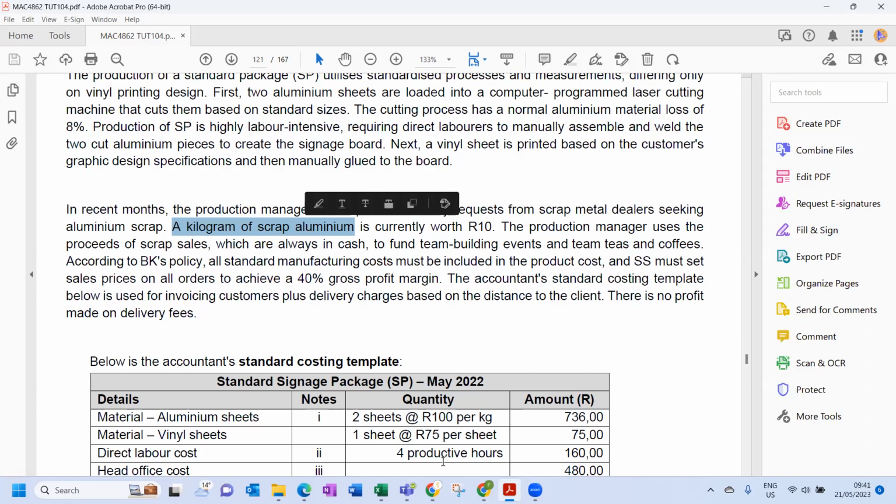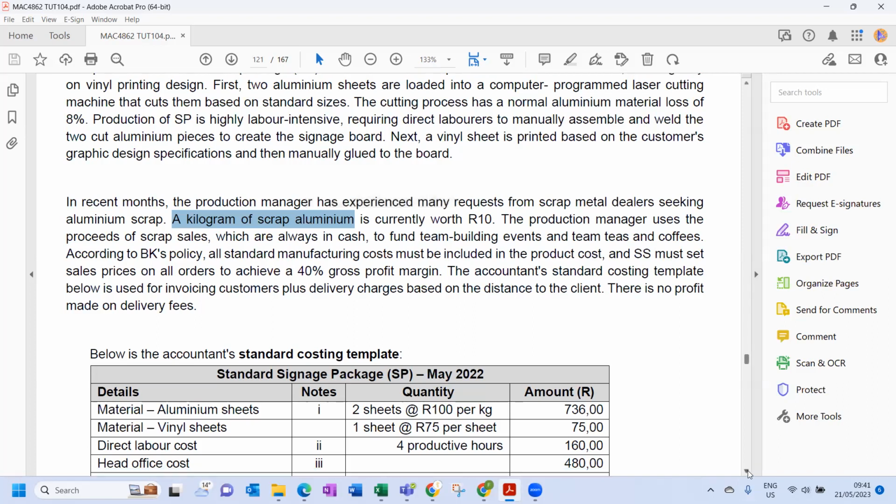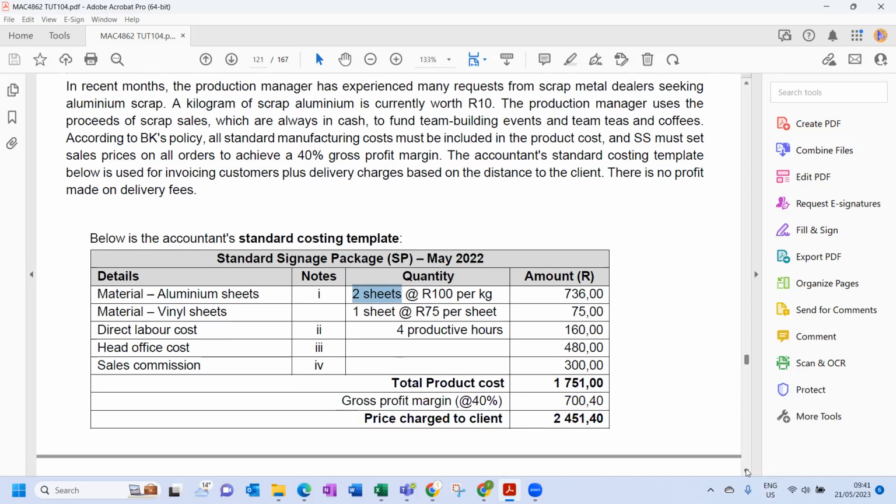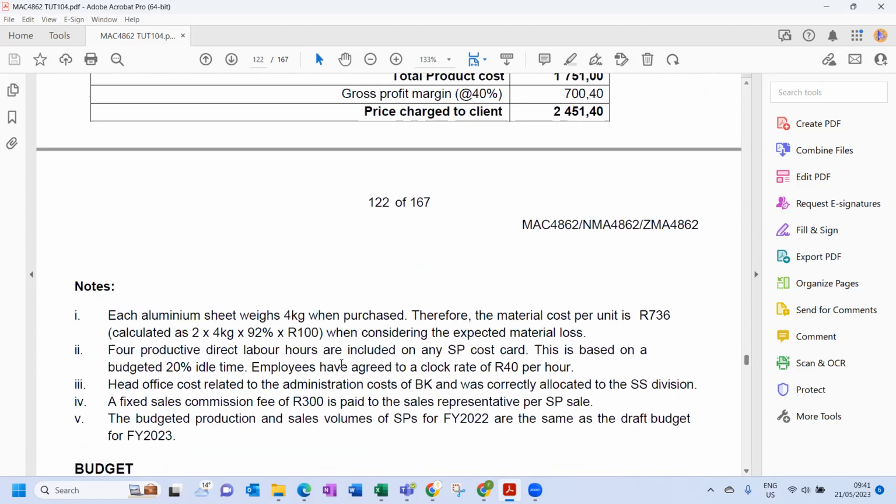So basically, for each item, 2 sheets go in. How many kilograms is a sheet now? Where did we see that? Okay, so there we go. Each aluminium sheet weighs 4 kilograms. So we put in 2 sheets per item.